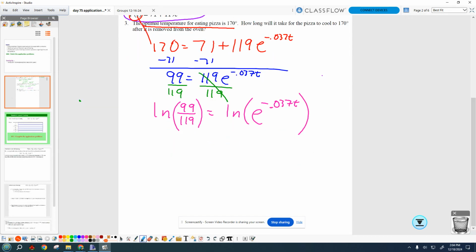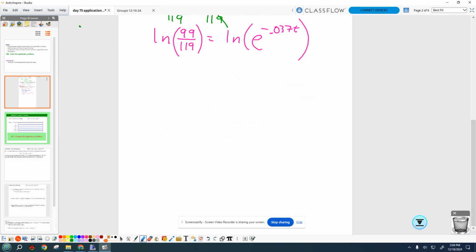Now see, she was right, that's our thing. Oh, never mind, actually, I see. So natural log and e undo each other.